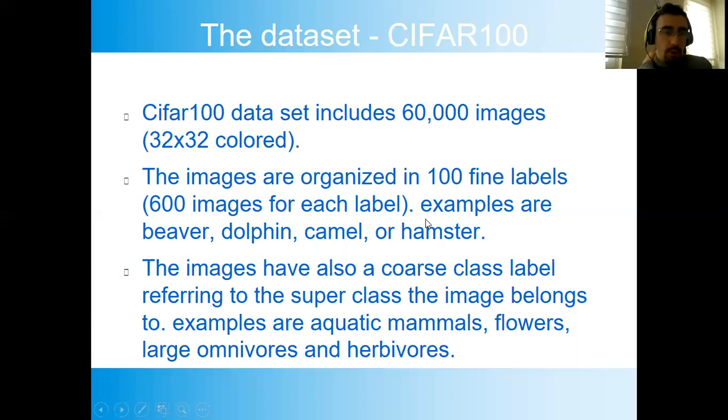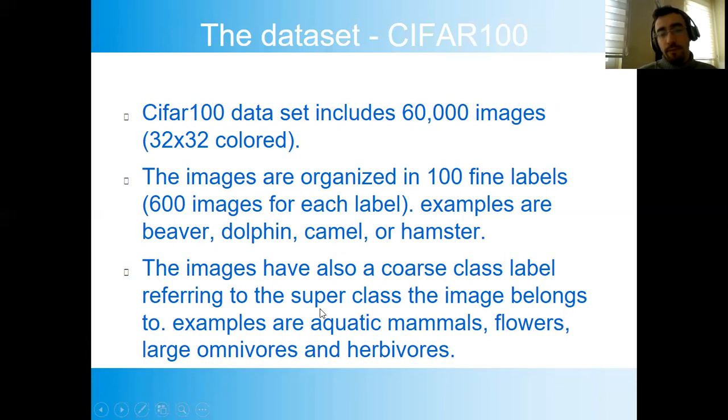I'm going to give examples of the fine labels. You can be looking at beaver, dolphin, camel, or hamsters. Those are some examples of the fine labels that exist in the CIFAR 100 data set. Apart from the fine labels, there are also the coarse labels of the data set, that refer to the superclass of the images, right?